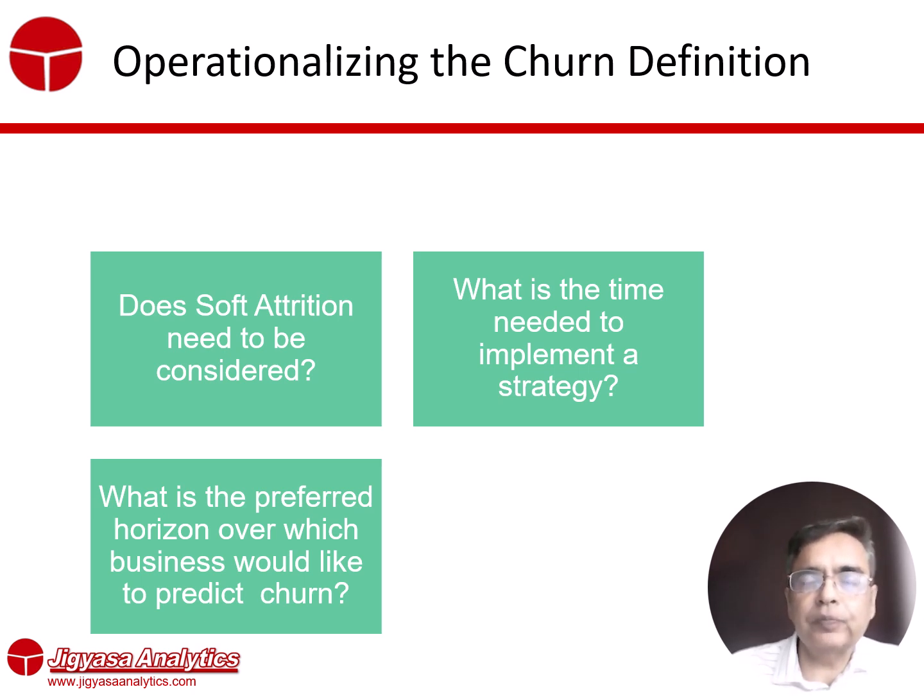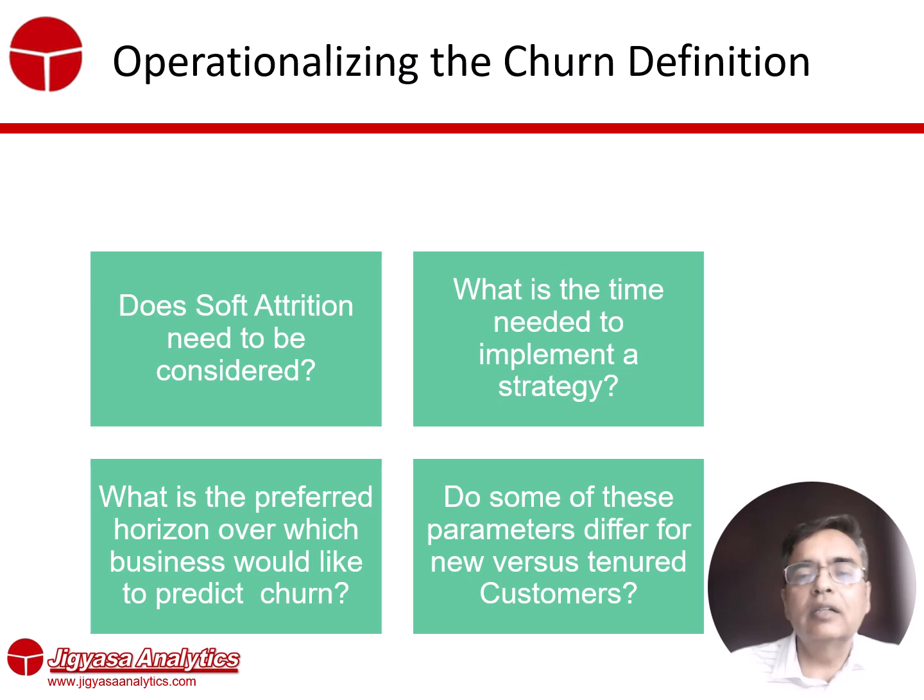So, for example, if you want to know who's likely to churn over the next week, but because of your operational and programming constraints, you end up only with a plan which becomes operational in 10 days, then predicting who's likely to churn over the next week is not very useful. Then maybe you should predict who is likely to churn in the next 2 weeks. And so the reality of time needed to implement a retention strategy is very important.